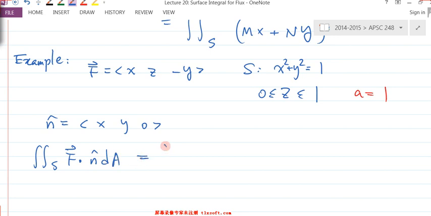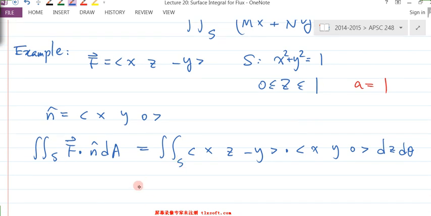F is x, z, negative y, dotted with this n hat x, y, 0. And dA equals A dz d theta, so dz d theta because A is 1, over this surface S.